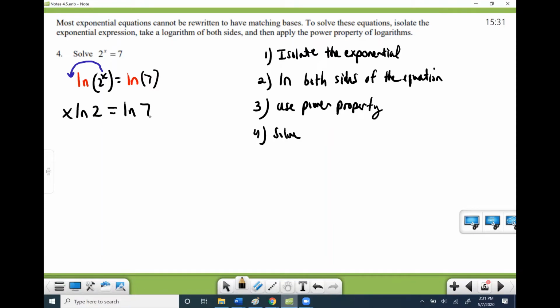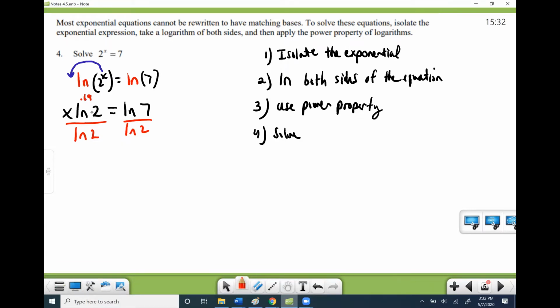So if I want to get rid of that natural log of 2, then I would just divide both sides by the natural log of 2. By the way, you guys, the natural log of 2, it's like, what is that? It's just something you could put in your calculator, right? You could hit ln2 and some number would come out. So this is just a number. In fact, I think it's 0.69, blah, blah, blah, okay?